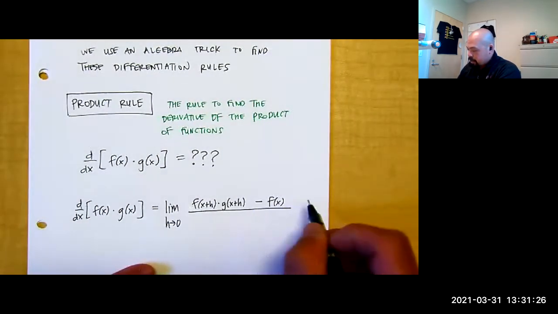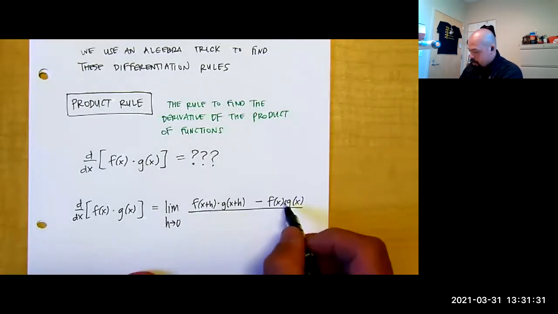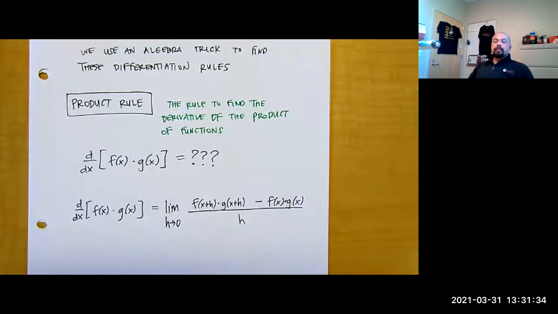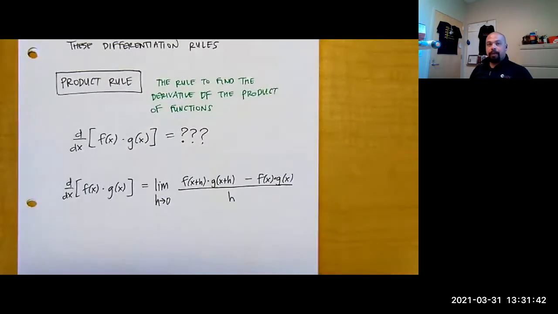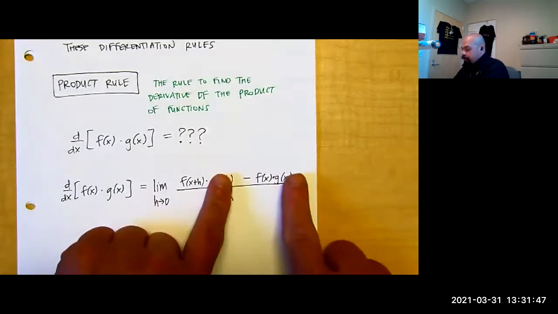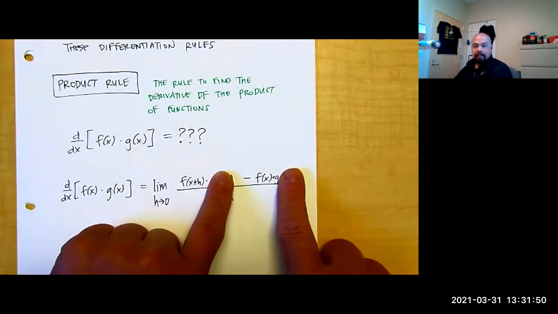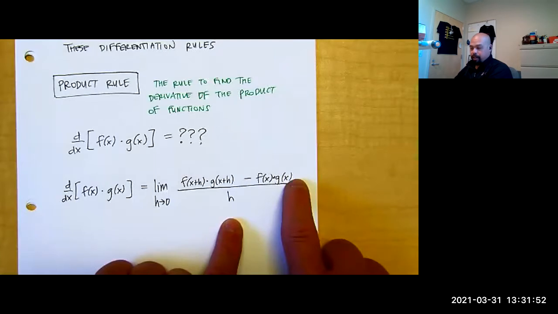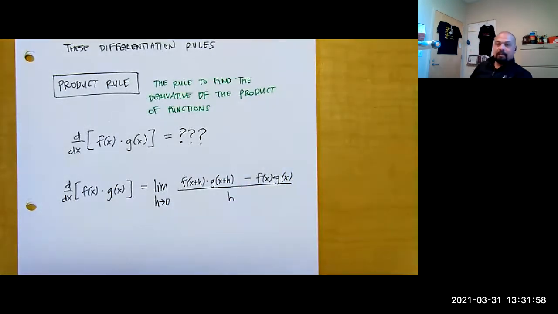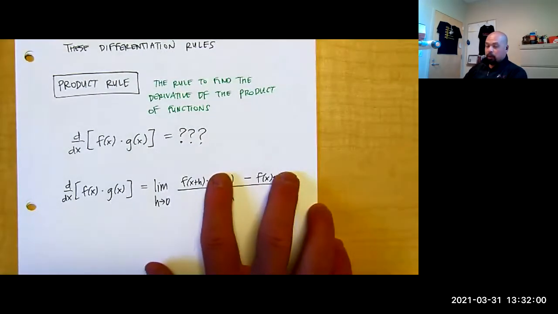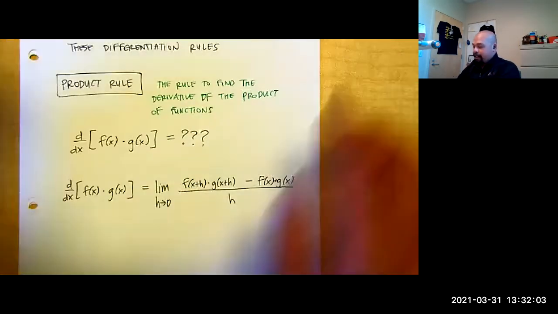But now instead of just having a single f of x or g of x, we have that product going on, maintaining that operation. So there's that limit format, the limit definition for finding this derivative. Okay. So there's exactly a pair, f of x plus h minus f of x all over h, g of x plus h minus g of x over h. We can't separate those, right? It's not going to be where I can just multiply those two derivatives. We just talked about that, or stated that fact.